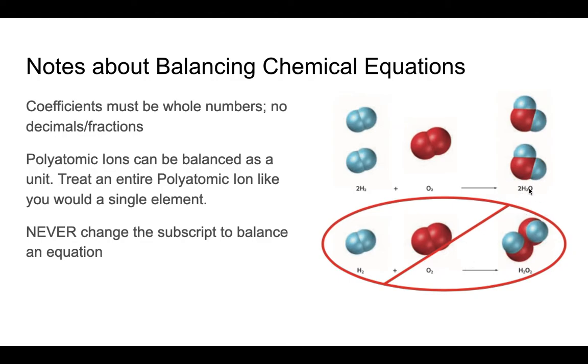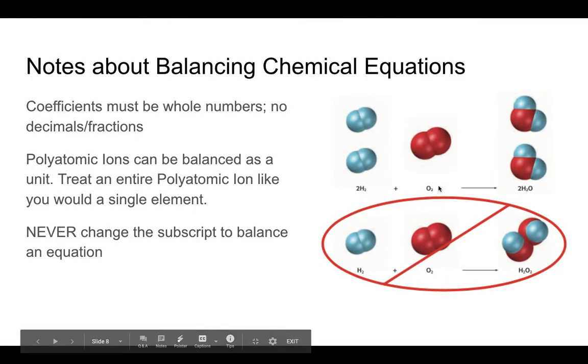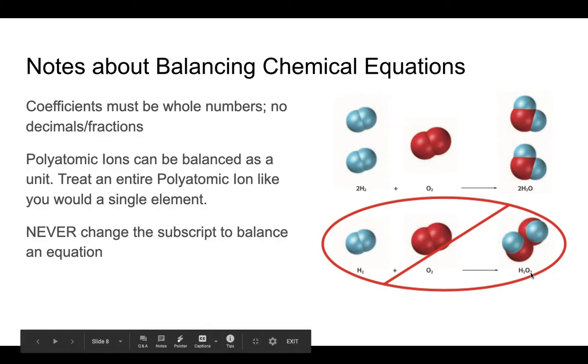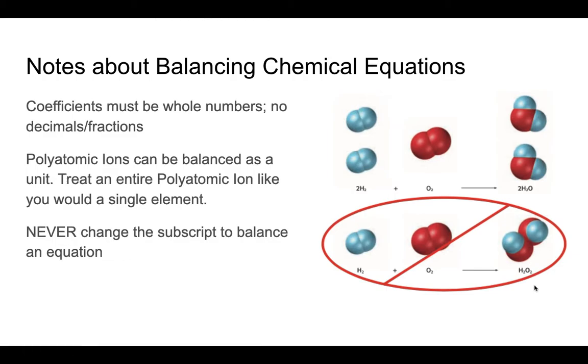It's got to remain water, and it's got to remain hydrogen gas and oxygen gas. We are not allowed to change the subscripts because that changes the compounds that we're working with. We can change the amounts of them, but we cannot change the actual compound we're working with. So by adding coefficients, we change our amounts, but we cannot change the actual molecule we're working with.